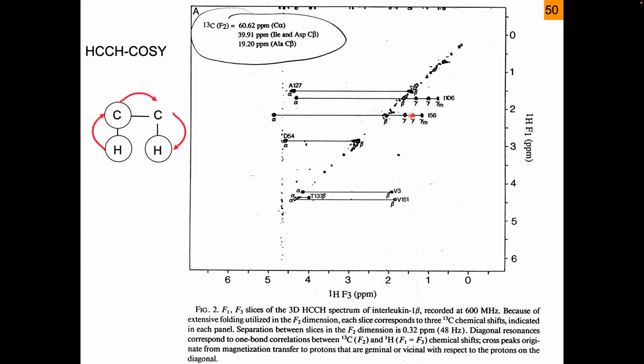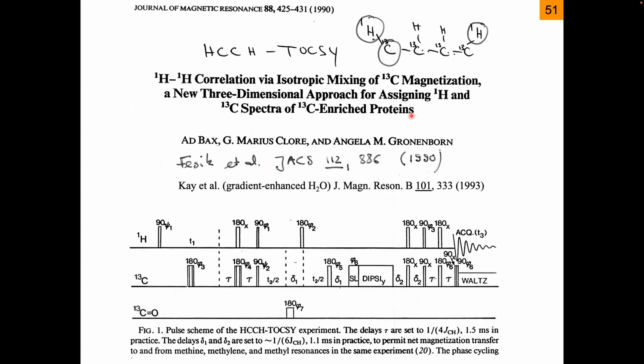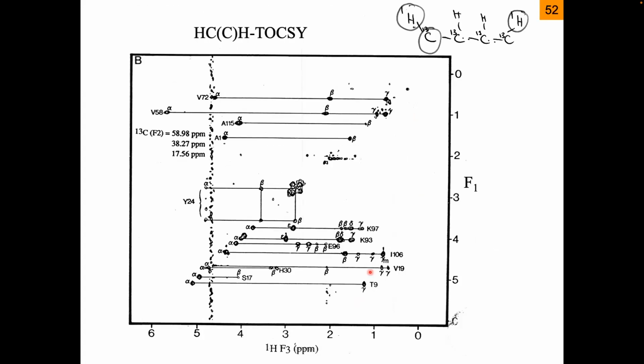And you can do the same thing as a TOCSY. So instead of just going by one bond, you can mix with DIPSI or other sequences along the carbon chain, and then you may get in the same way the connection through the entire side chain.